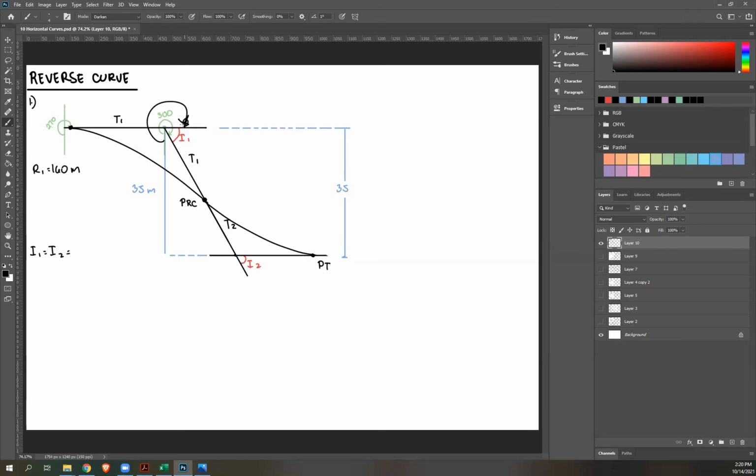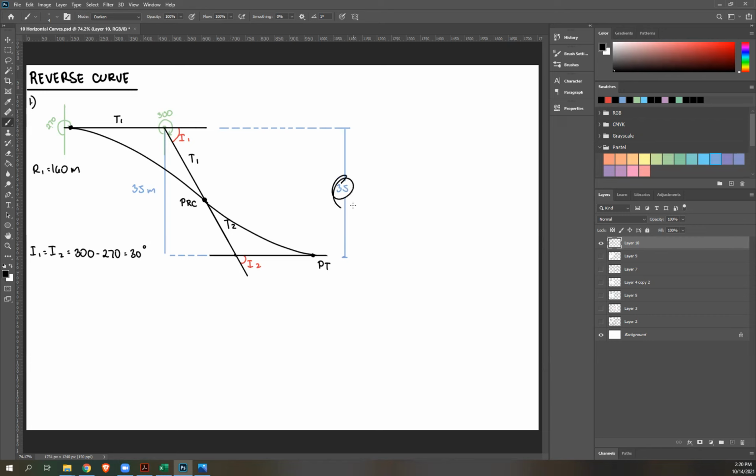So that's why this is also 270. So 300 minus 270, which is just 30 degrees. Now I have I1 and I2. I also have R1. So now the only problem is getting R2, or T2.